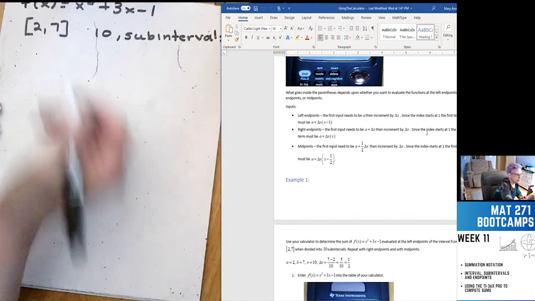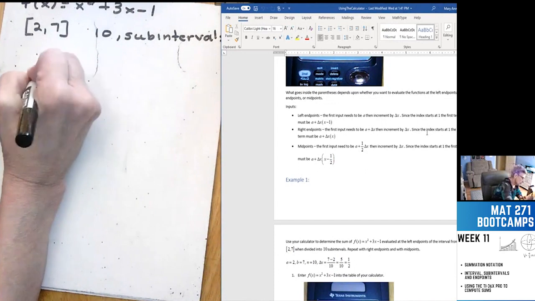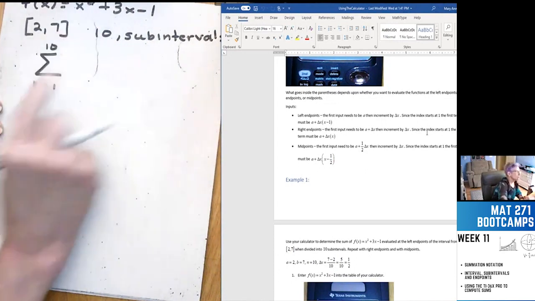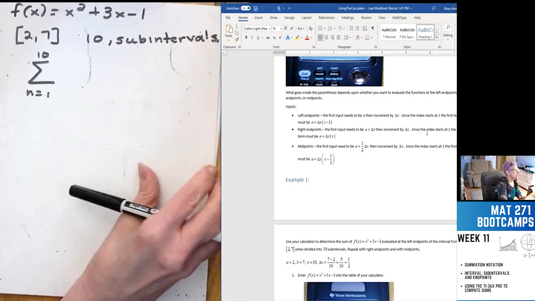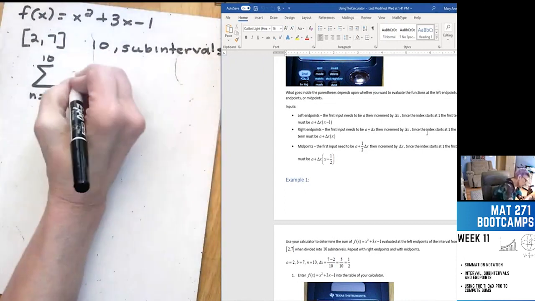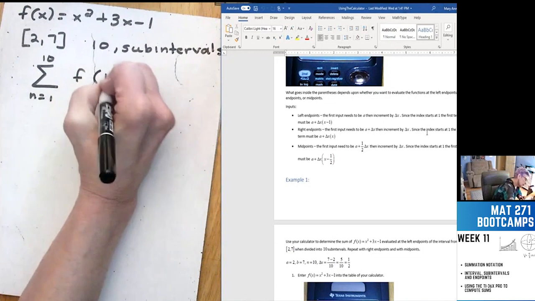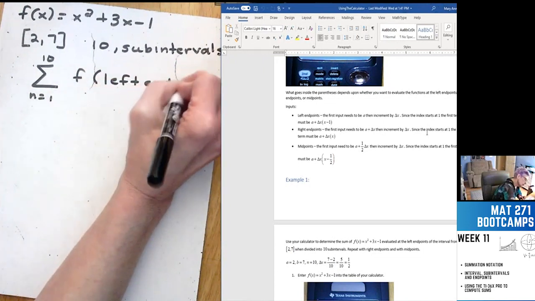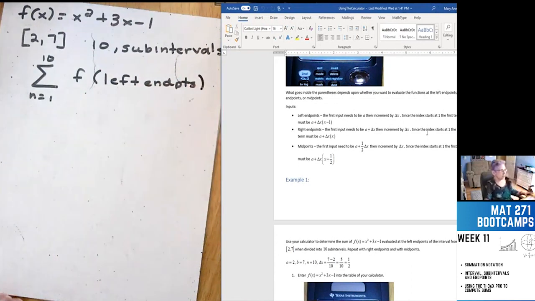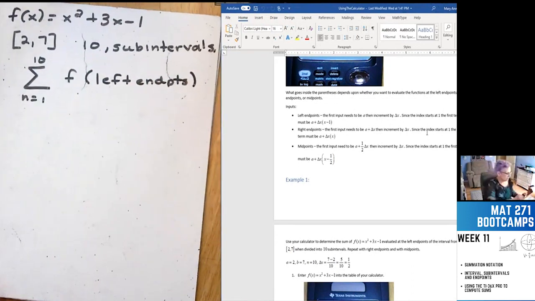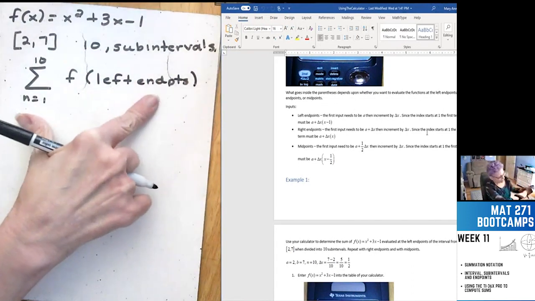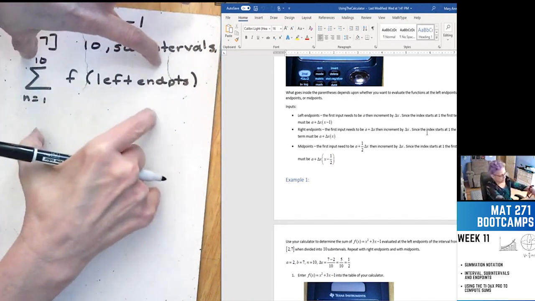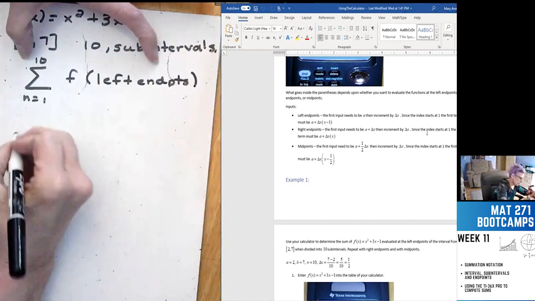And first I'm going to show you how to just do the sum as n goes from 1 to 10, because we're adding up those 10 subintervals of this function evaluated at the left endpoints. So what I have written here so far is not an estimate of the area under the curve.